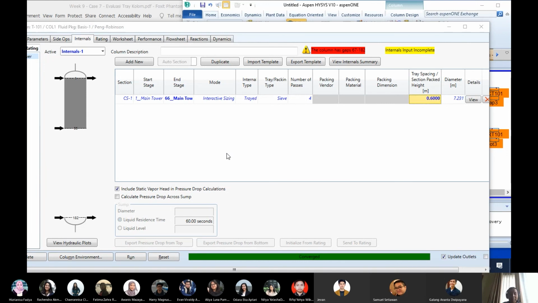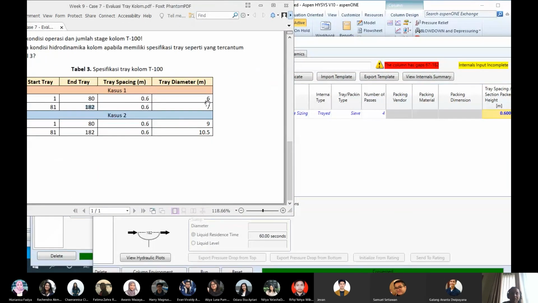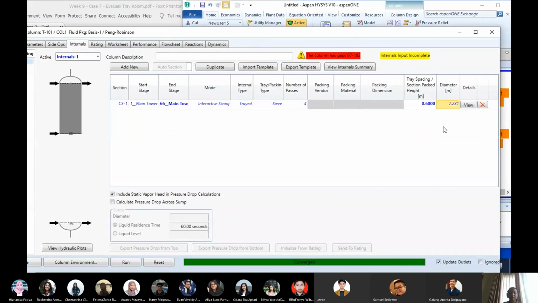While the diameter, I will check. For the enrichment section, the diameter is around 6 meters. Okay, and then I will add again.